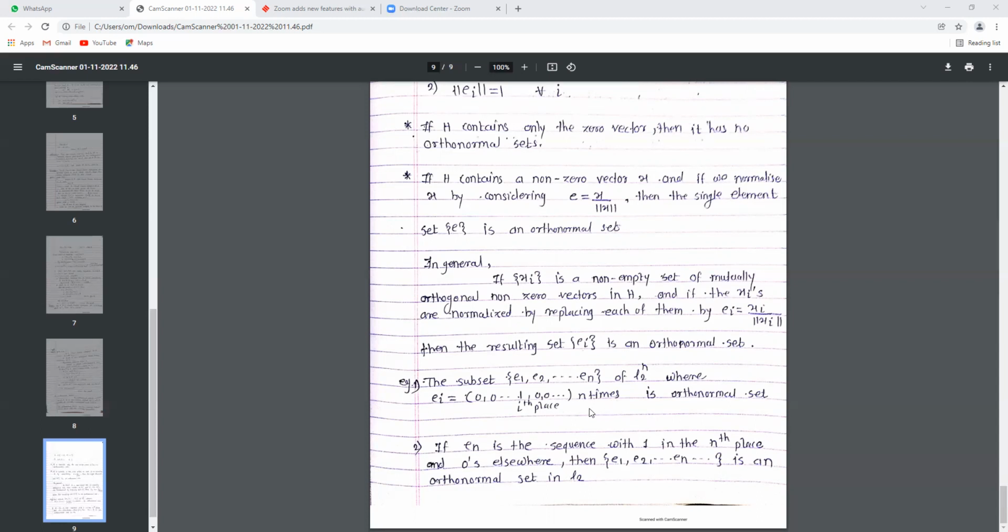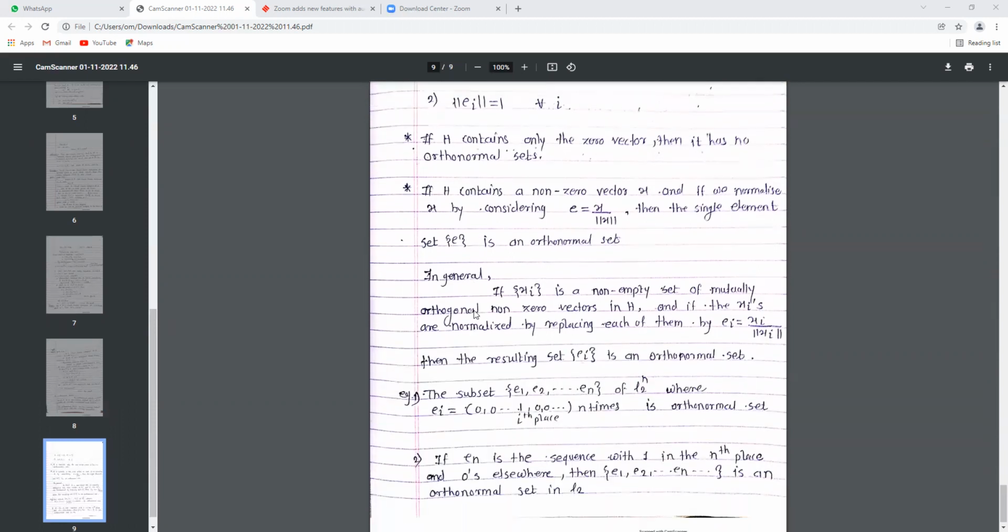Why? Because considering the first property, e_i perpendicular to e_j means their inner product is 0 for all i not equal to j. And the norm of any vector e_i must be 1.